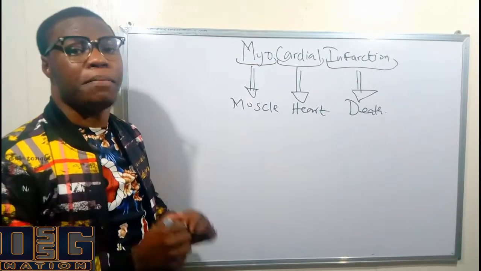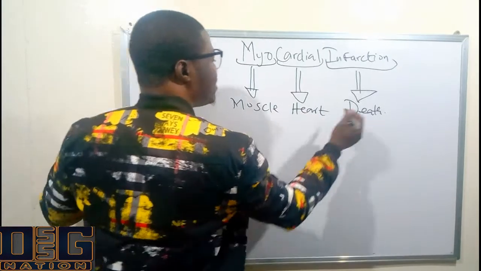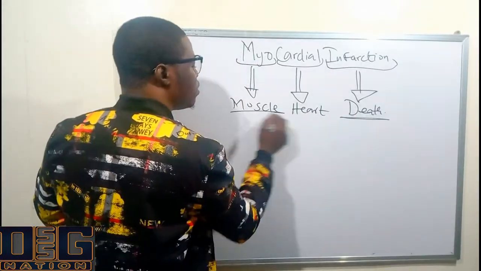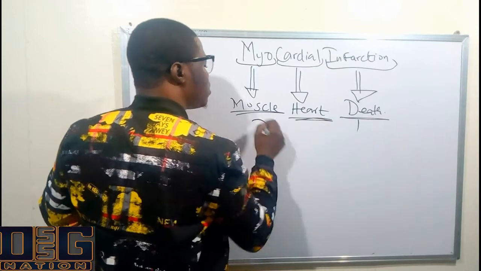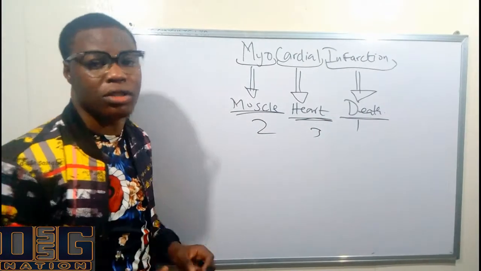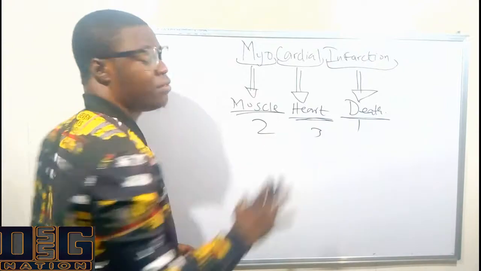So if you say myocardial infarction, it means the death of the muscle layer of the heart. The death of the what? Of the muscle layer of the heart.